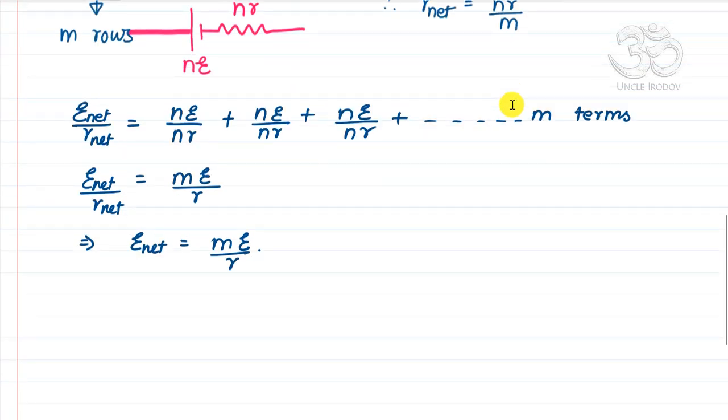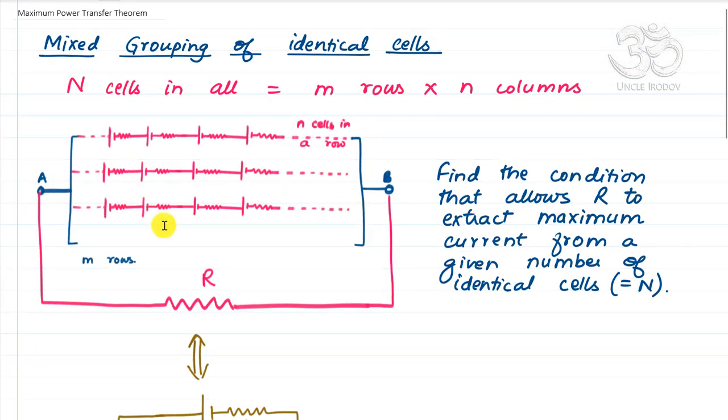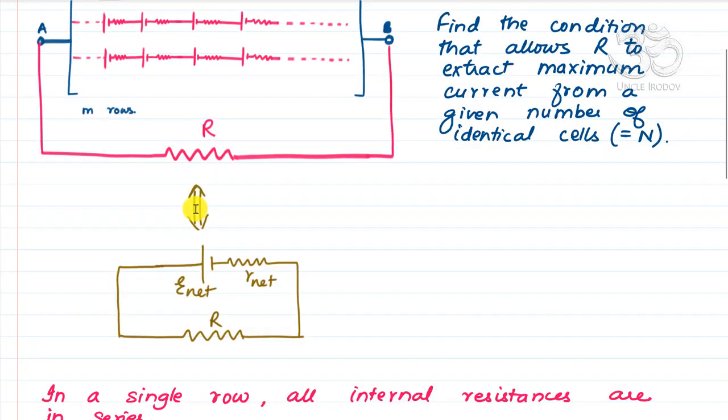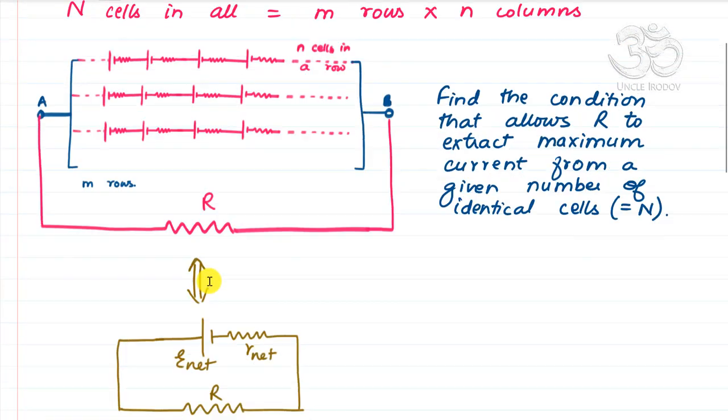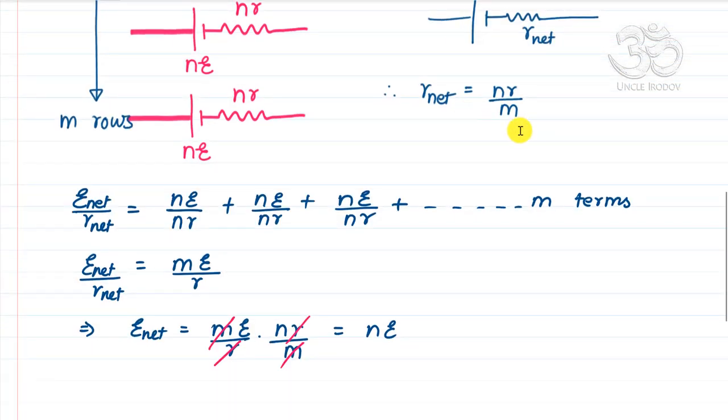So I'm going to get nr by small m, and some terms will cancel out, specifically m goes off and small r goes off, and you will end up with n times E. So the EMF in a single branch, in a single row, that itself will be the net EMF as expected. So our expectations were also that. And so now what I can say is I can approximate this entire circuit as a net cell of EMF nE and of internal resistance equal to nr divided by m.